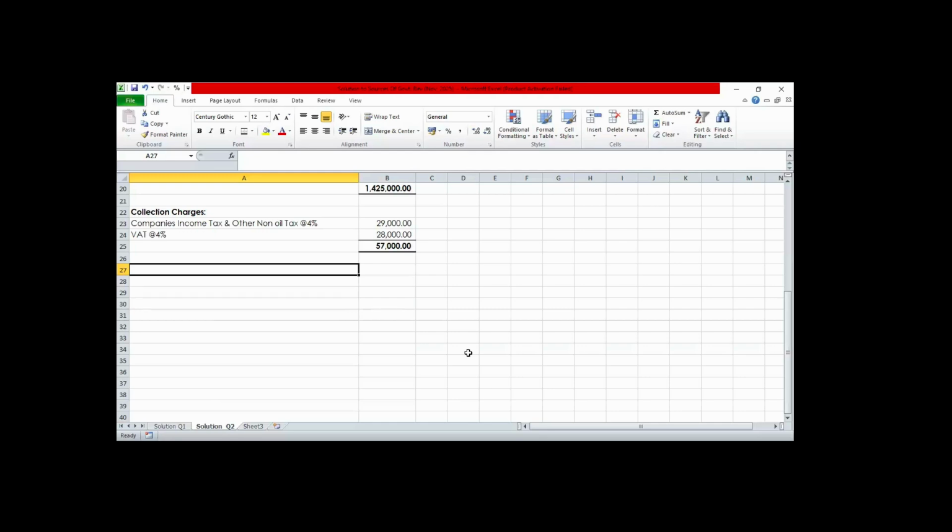Oil revenue. Let's look at oil related revenue. What are the oil related revenues, please?